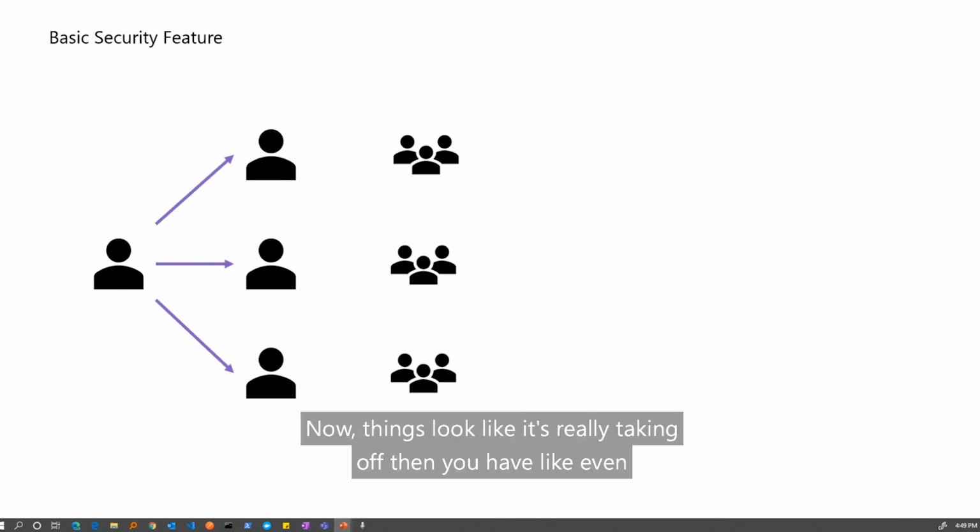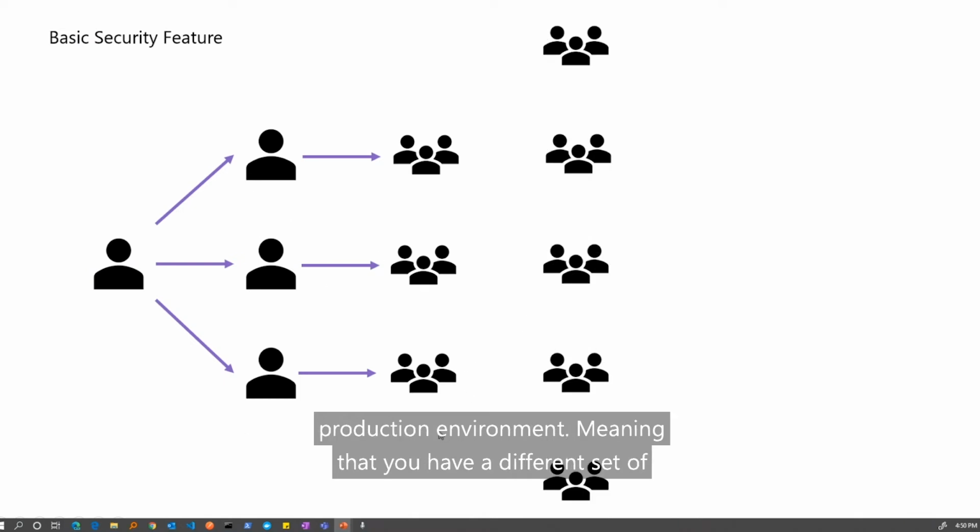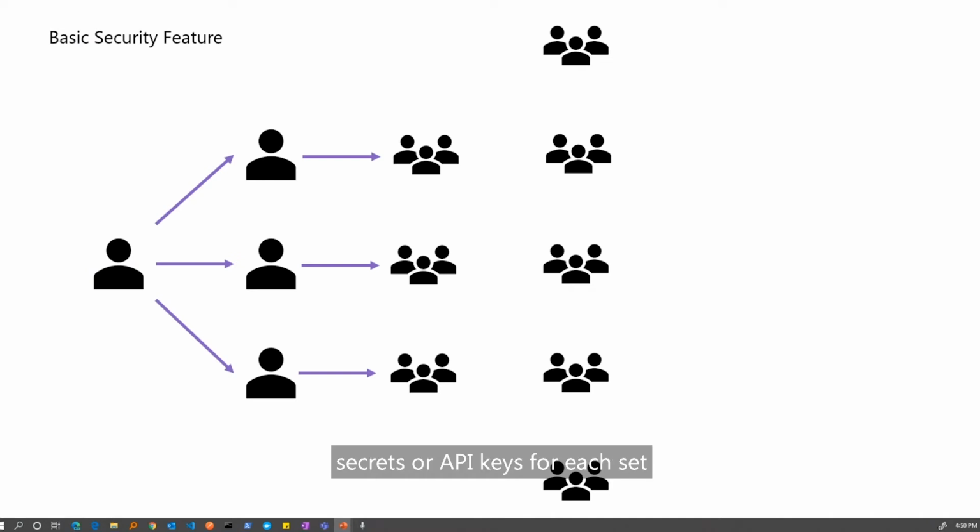You have even more developers coming in, and you have to divide the application into different environments, for example the development environment, the QA environment, as well as the production environment. Meaning that you have a different set of secrets or API keys for each environment.